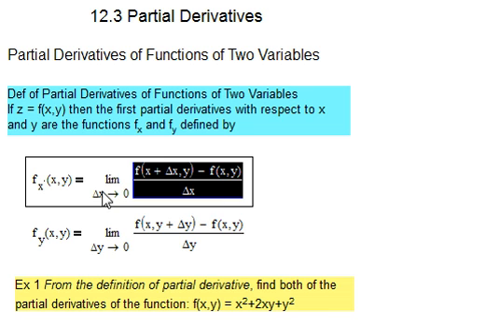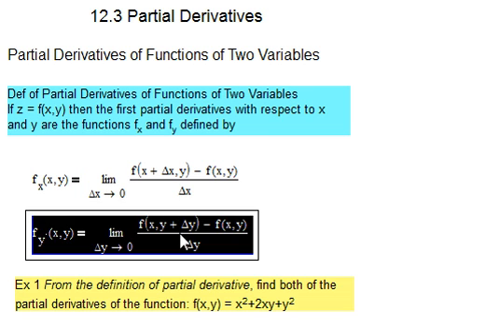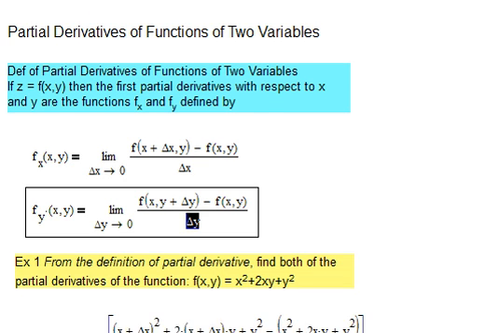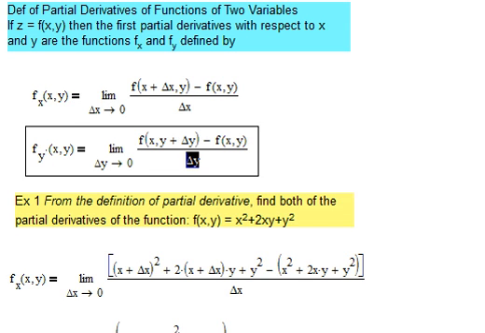Notice the similarity between this definition and the definition of derivative of a function of one variable. Similarly, the function f sub y is defined as the limit as delta y approaches 0 of f of x, y plus delta y minus f of x,y over delta y, and we can calculate such a thing just as we did in Calculus 1 from the definition.